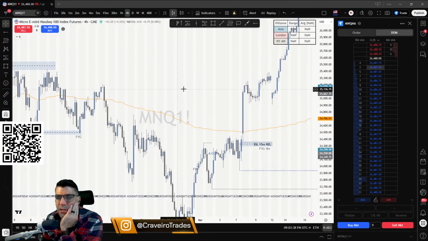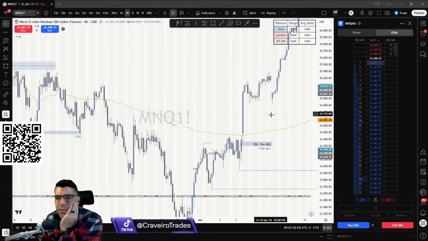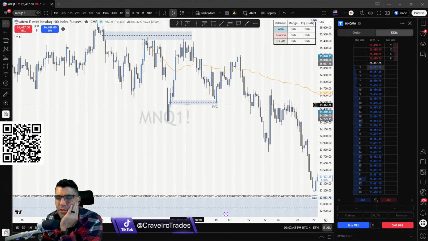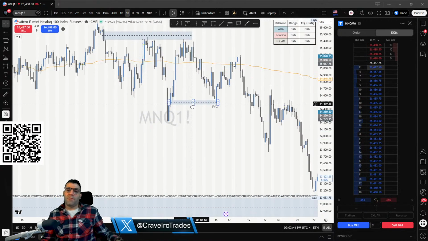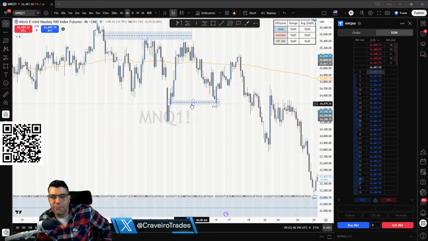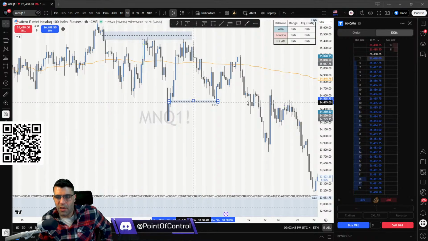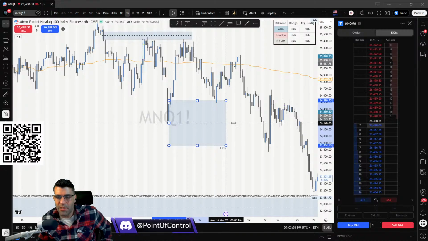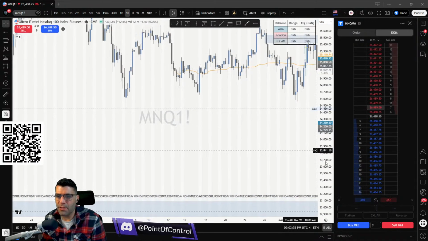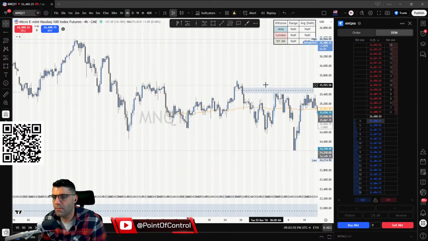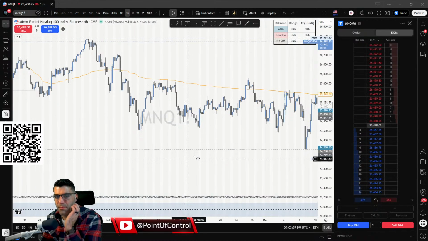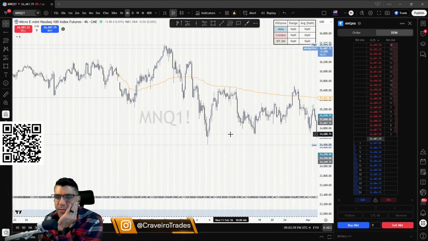Okay, consolidated right around these levels. And so this is essentially also a different way of painting support and resistance theory. Fair value gaps are awesome though, so I love these. Everybody does. A lot of people really love fair value gaps. And this is how you can use them to form your support and resistance.